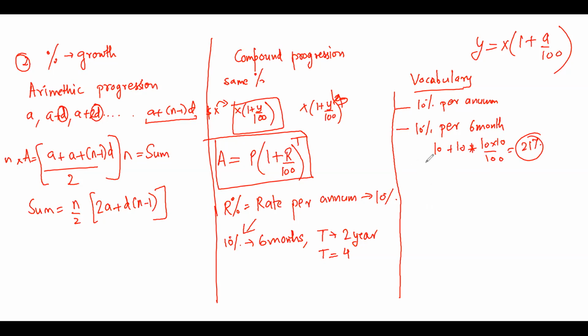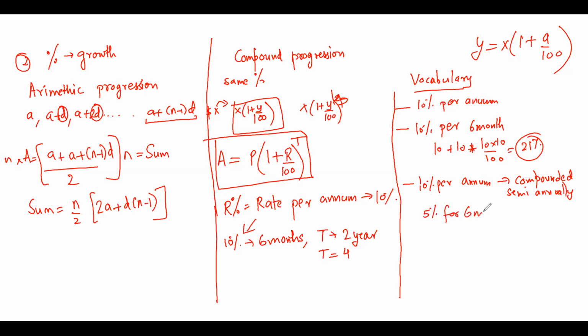Yes. Now, I could use different vocabulary. I could say your money is 10% per annum, but it is compounded semi-annually. Now, this is a little tricky. Here, I have the rate as 10%, and it is compounded semi-annually. That means my rate is actually 5% for 6 months.